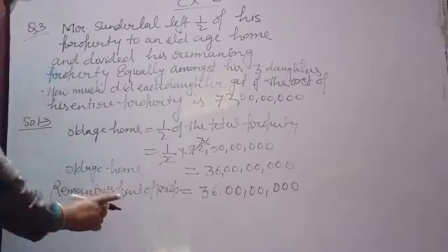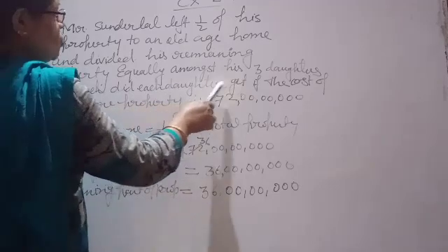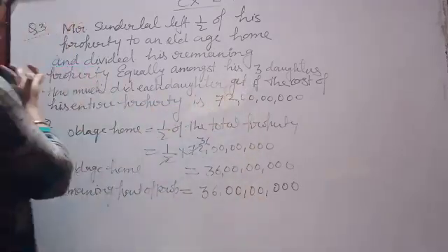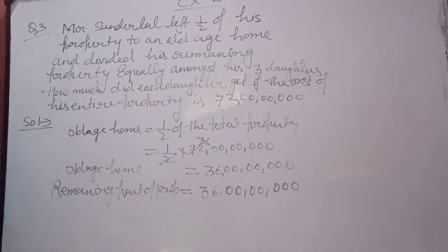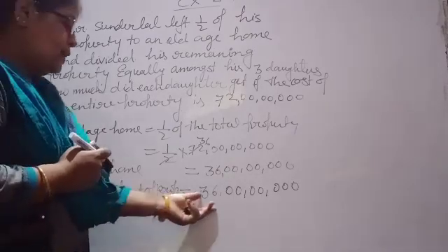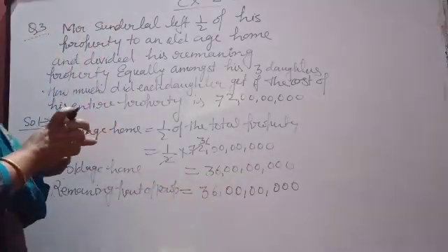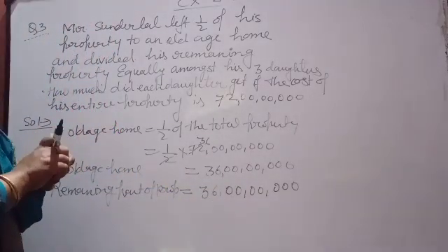Now see what we have to calculate: how much did each daughter get if the cost of the entire property is 72 crore, and this remaining property of 36 crore he has divided equally amongst his 3 daughters.